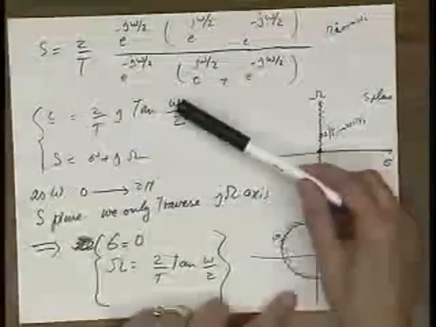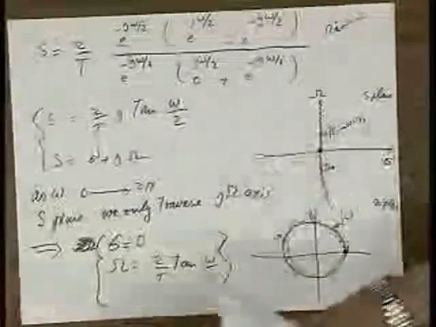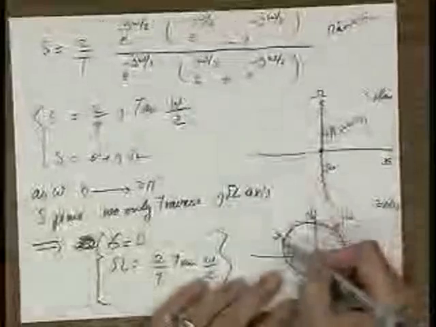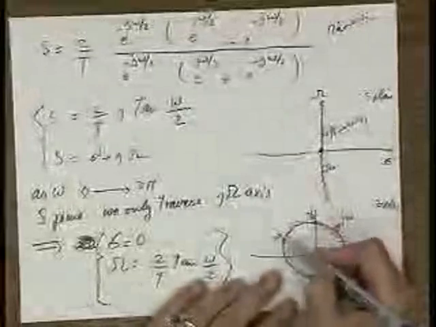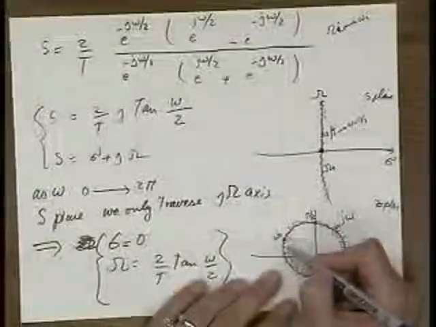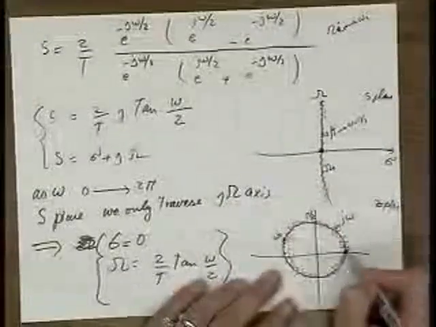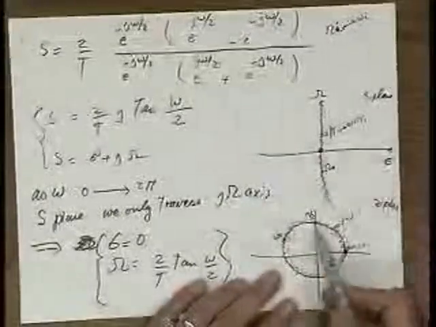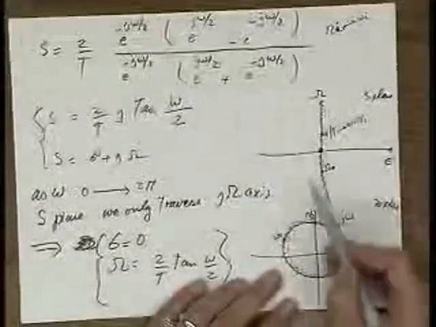As omega, okay, let's continue with this. When omega approaches pi, so this was omega equals 0, right? It got mapped to this point. This point got mapped into 2.